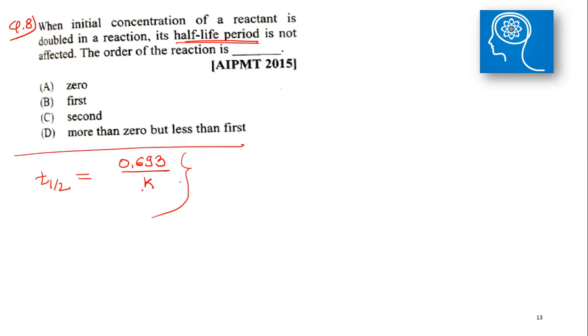Therefore it must be a first order reaction, because in a first order reaction the half life is independent of the reactant concentration. So it's first order. Is this clear?